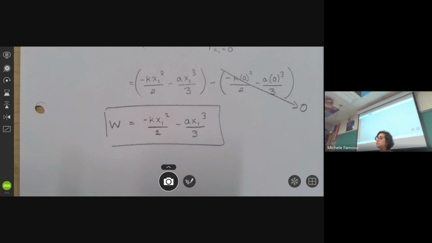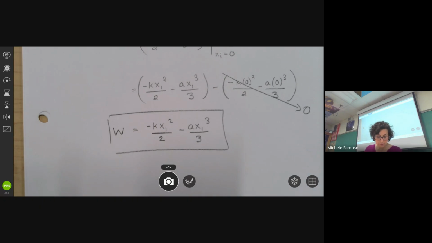Anything else? Sure. 26 is the same idea, where in number 26 it says that we have a force that is cx cubed. C is a constant. And I want to know how much work is done as I move from an initial position of 1.5 meters to 3 meters.